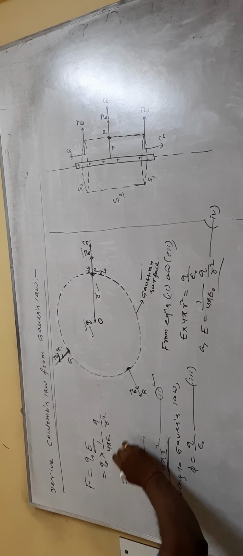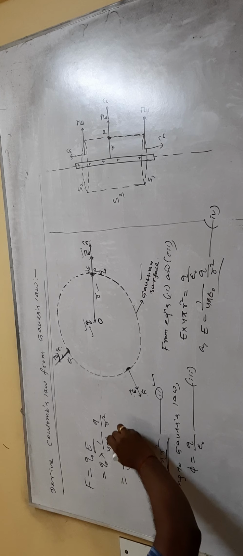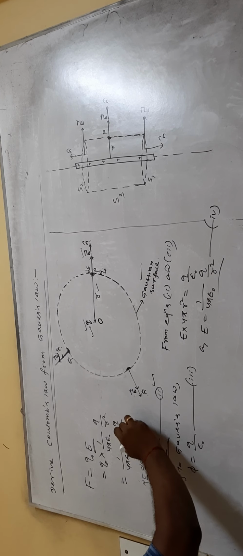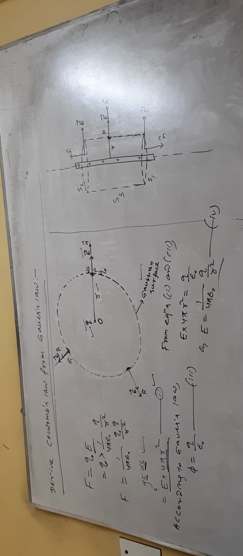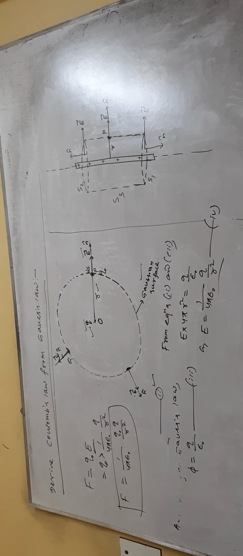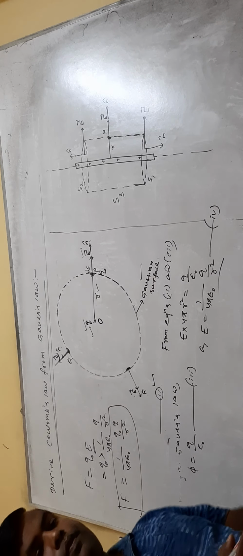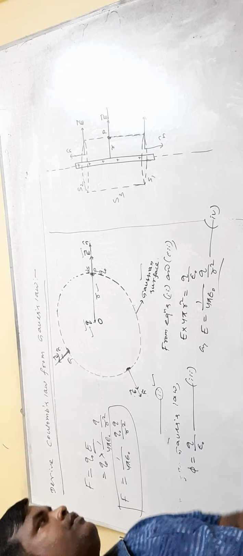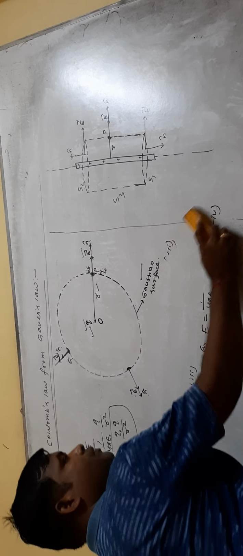So you get F equal to 1 by 4 pi epsilon 0 Q0 q by r square. You see, it is your Coulomb's law. Hence, Coulomb's law is derived by applying Gauss law. So that is all about your Gauss law.